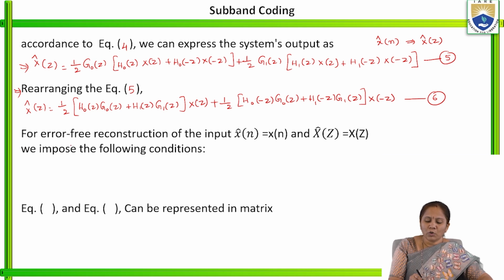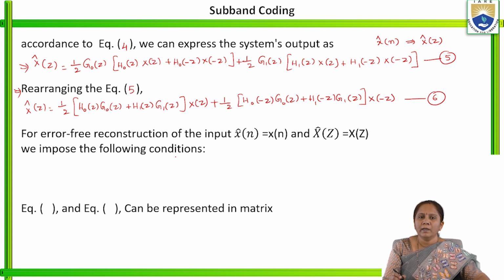Now, for error-free reconstruction, what is meant by error-free reconstruction? When we say that there is no error, if the input X of n is equal to X cap of n, that is, if the input is equal to the output, then we say that it is error-free reconstruction.